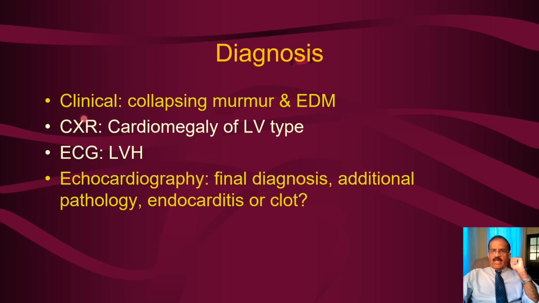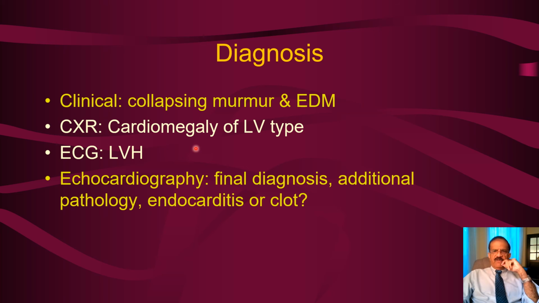Diagnosis is clinical. Clinically, you should suspect it, and collapsing pulse should lead to the diagnosis, and then the presence of an early diastolic murmur will confirm the diagnosis. X-ray chest should show cardiomegaly of left ventricular type, because that means the apex moves leftward and downward.